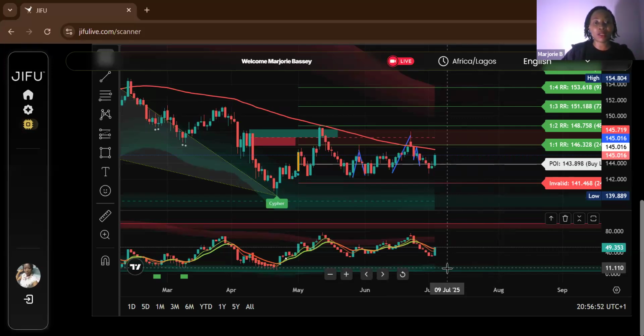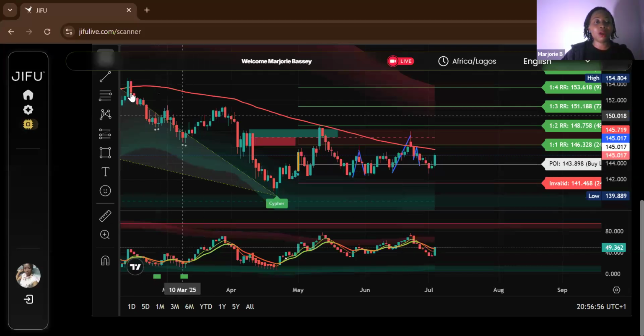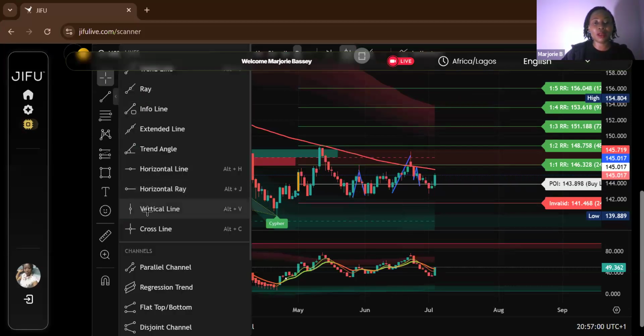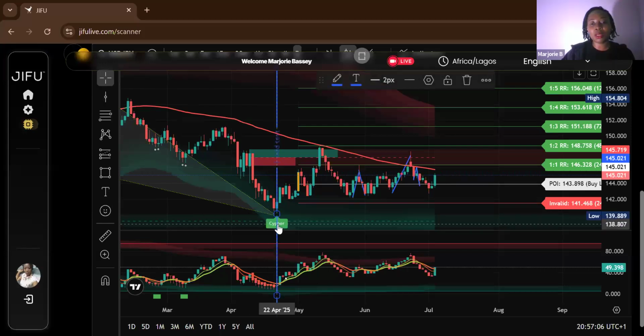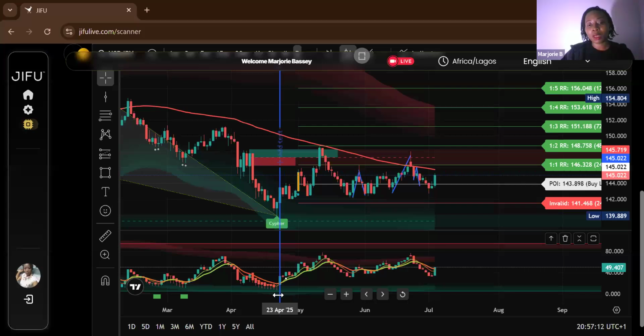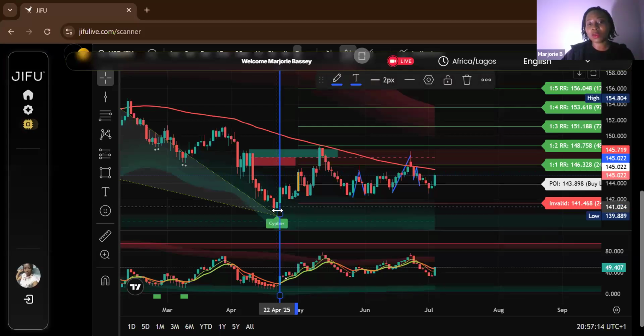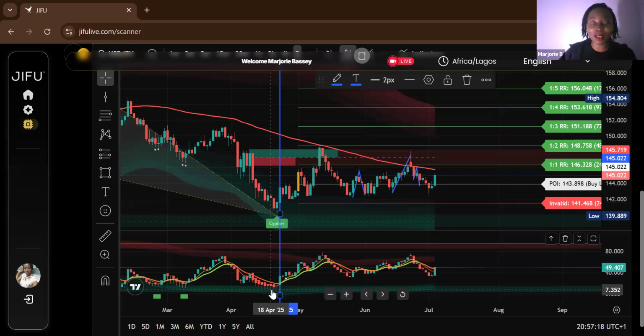Now, if you look at something, let me put a line here so that our eyes will be easier for us to follow. Now you see this green candle at the bottom. This green candle at the bottom here, it corresponds with this.